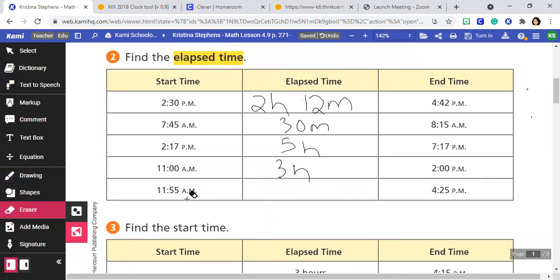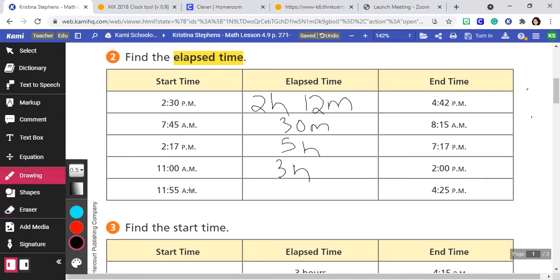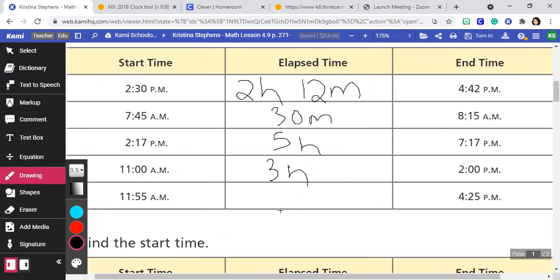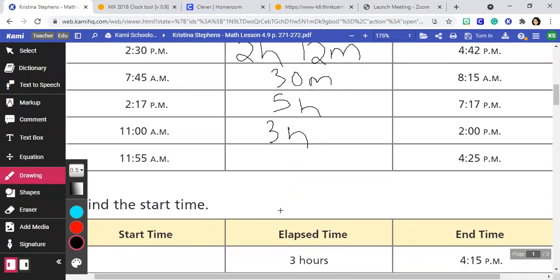Okay, the next one is again crossing that noonday hour. So we're going from a.m. to p.m. 11:55 a.m. to 4:25 p.m. Well, I think I'd like to use a number line again. So I'm going to set this up underneath here.